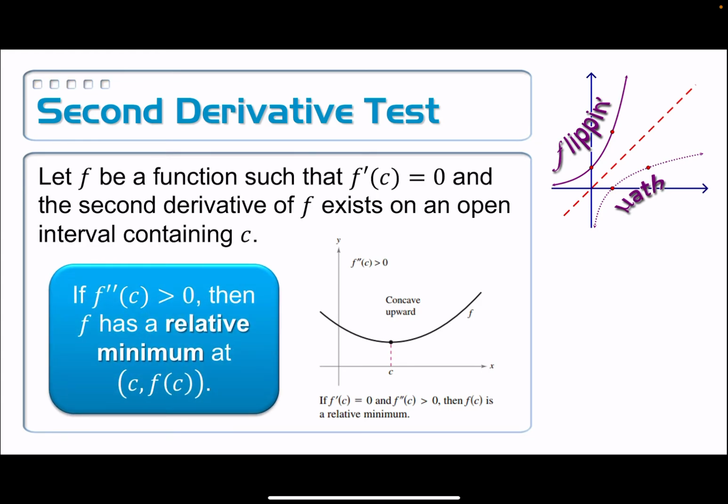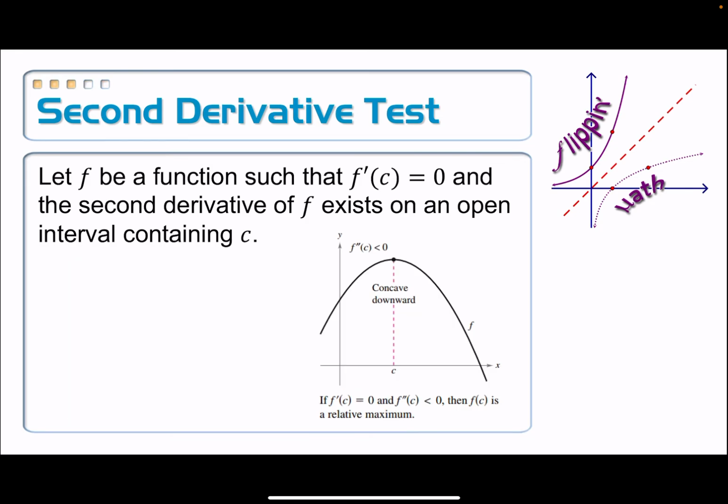If f double prime of c is greater than 0, then f has a relative minimum at c comma f of c. So the first derivative is equal to 0 at c, and the second derivative is greater than 0. It's a positive number, so it's concave upwards. It's going to cave upwards away from the tangent line, and that's going to be a relative minimum.